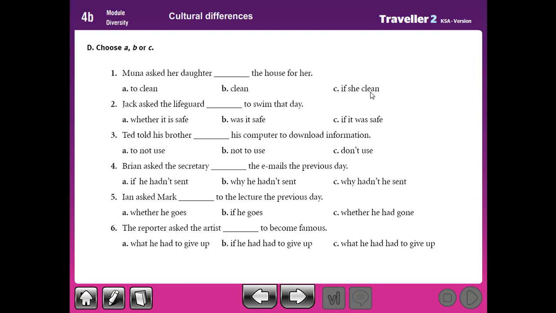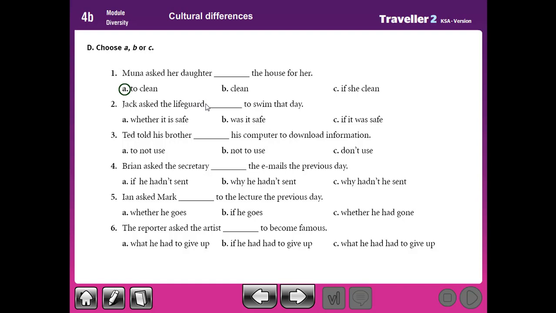If she clean. We don't have a reported statement or question with present simple. It's not correct. But to clean is the imperative one, the request. That's very good. So we use to clean. This is the right one.